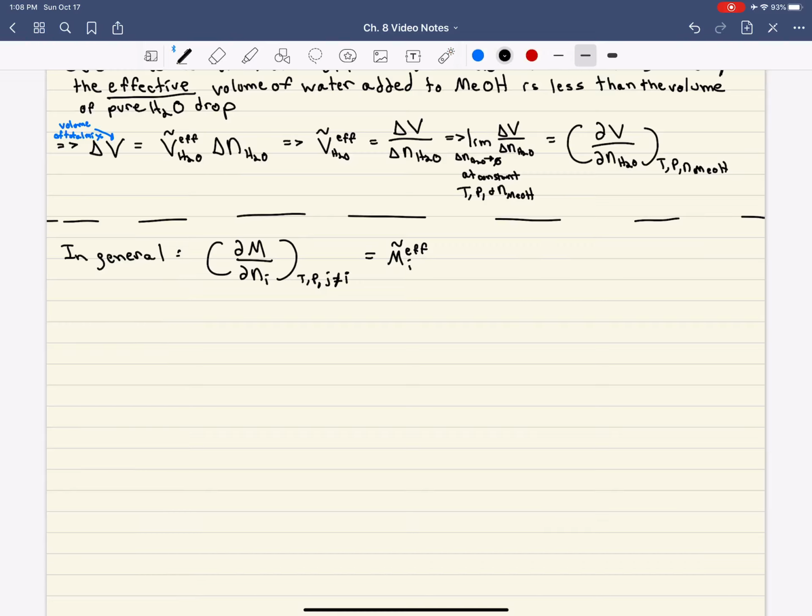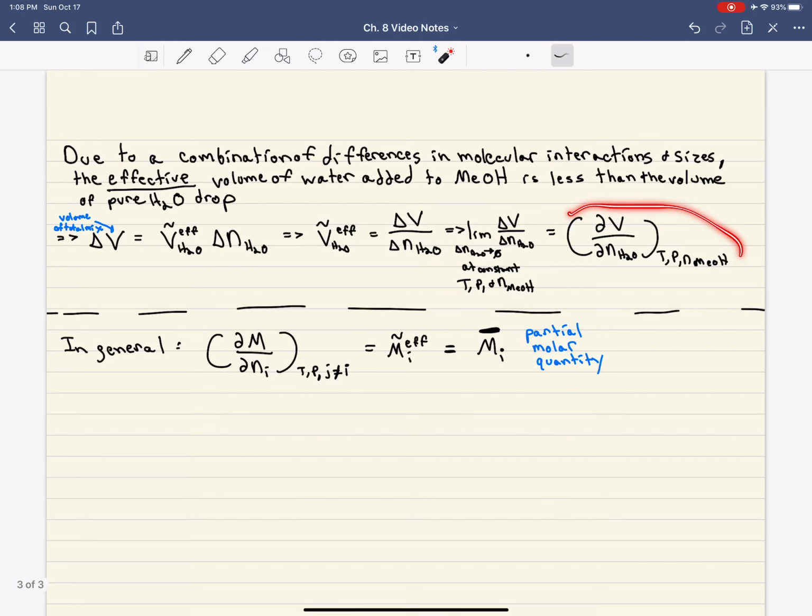And the nomenclature, or the way we're going to write this, rather than always writing tilde effective, is that we're going to write this as m_i bar, where the bar is above. This sort of property in thermodynamics is known as your partial molar quantity, right? And so up here, we defined the partial molar volume of water in our mixture.